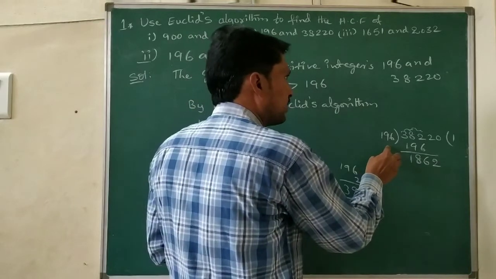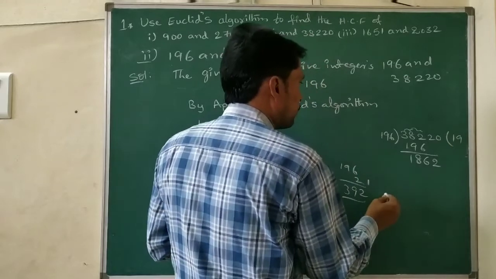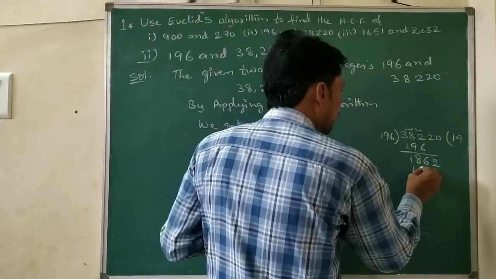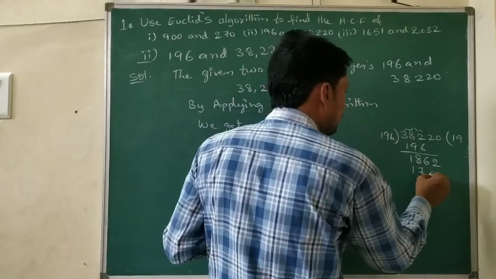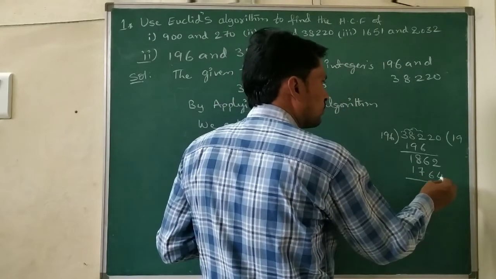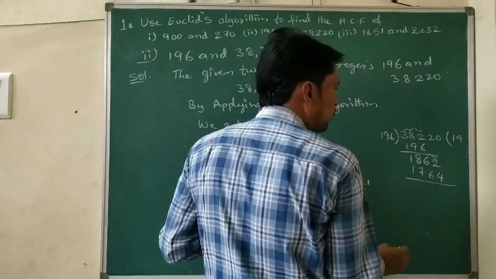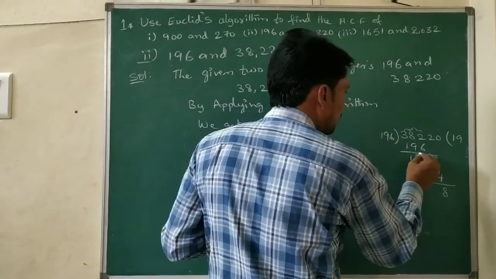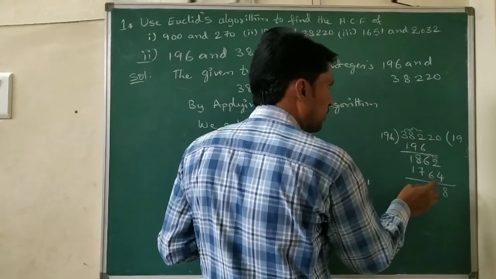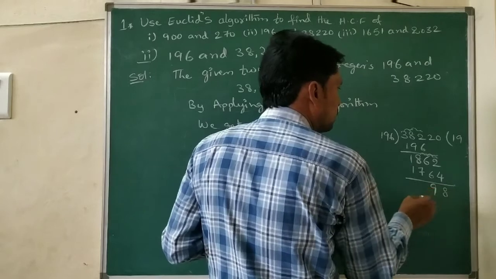Now 196 with 9 we can take. 196 times 9 is 1764. Subtracting: 12 minus 4 is 8. Borrowing, we get 15; 15 minus 6 is 9.